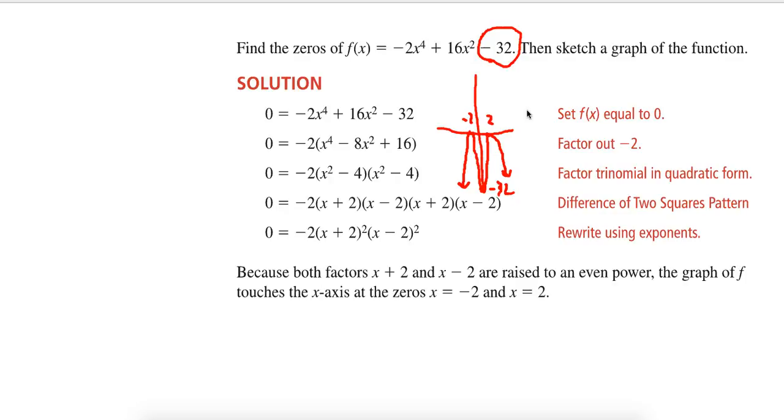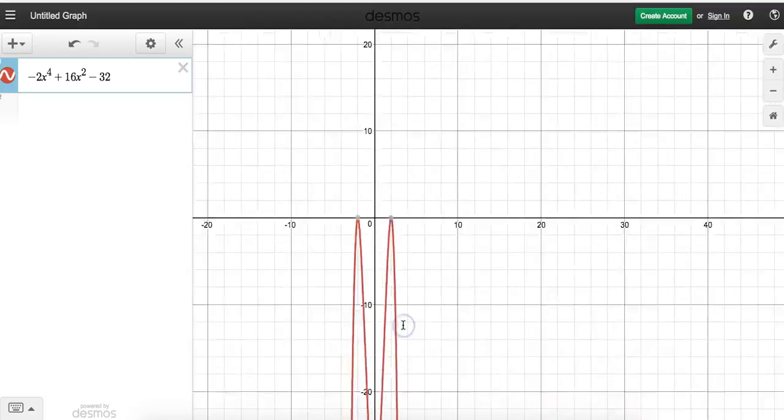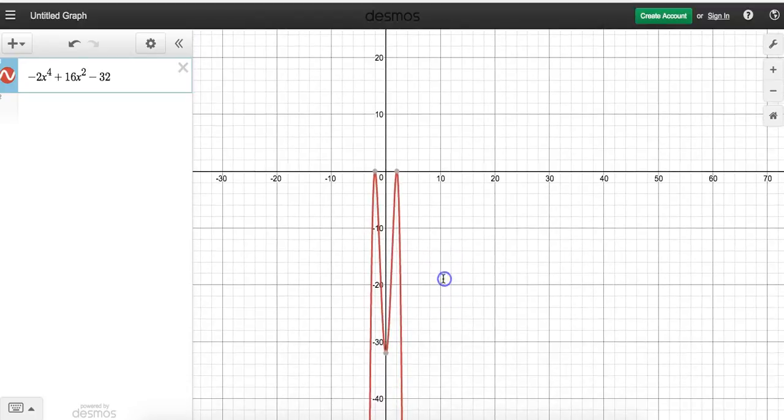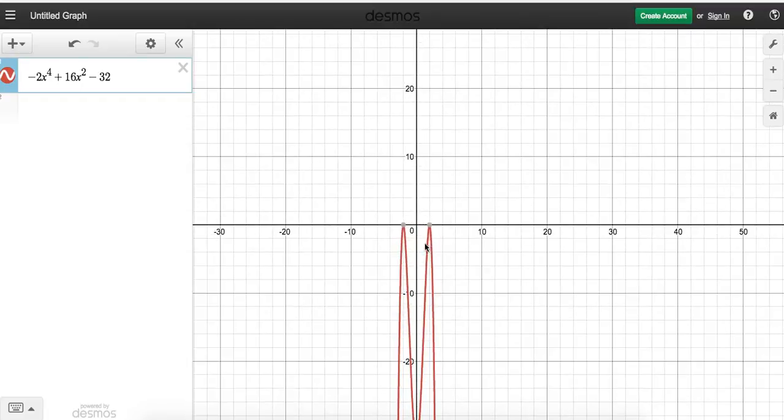Now I'm going to pull up the Desmos graph so we can check this out. Let's go over to Desmos, and look what we have. We have exactly that. We have a y-intercept of negative 32. Our graph touches the x-axis at both negative 2 and positive 2, and it goes off to negative infinity in both directions.